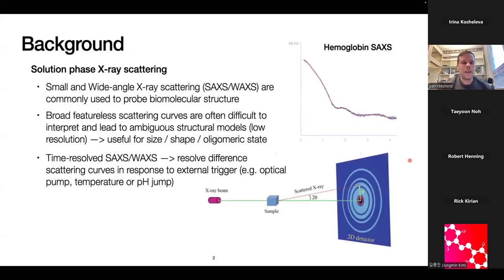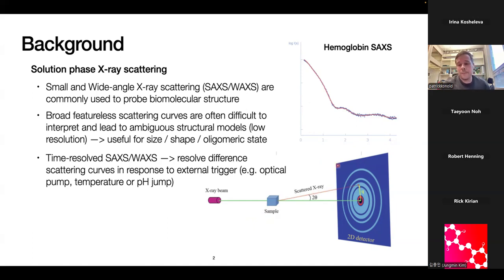Obviously this audience doesn't need much of an introduction to solution X-ray scattering, but as a brief overview, one can use so-called small and wide-angle X-ray scattering, SAXS-WAXS, to probe biomolecular structure. Generally, this is achieved by shining an X-ray beam at a sample and recording the pattern of the scattered X-rays on a two-dimensional detector.